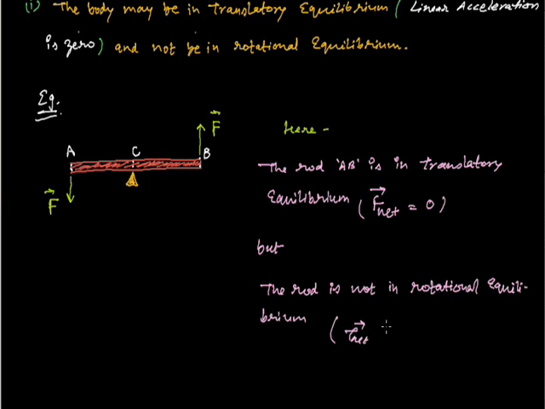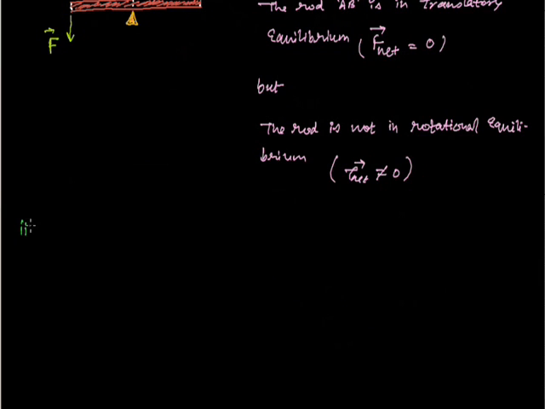The net torque on the rod is not zero. The equilibrium of the rod is being discussed with respect to its center of mass where it is supported on a peg. So in this non-equilibrium condition of torque, it will tend to rotate in the anticlockwise direction, or you can say it will lift at end B upward and go down at end A downward.